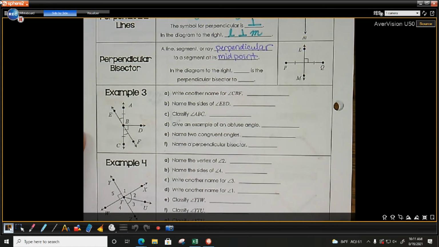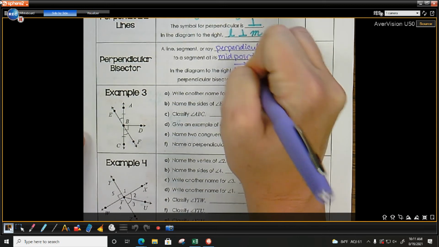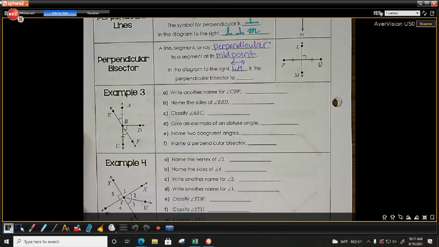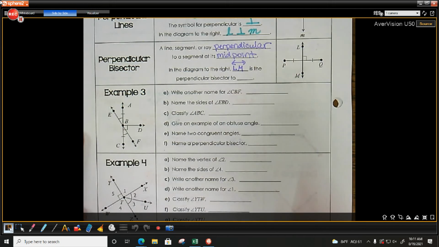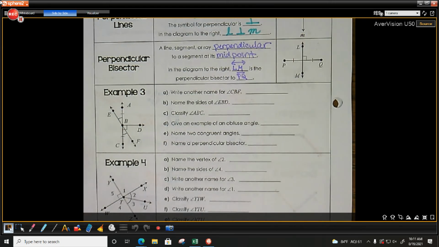So I would put a capital L, capital N with a line with arrows. LN is the perpendicular bisector to PQ. Is PQ a line? PQ is a line segment because there are no arrows at the end.